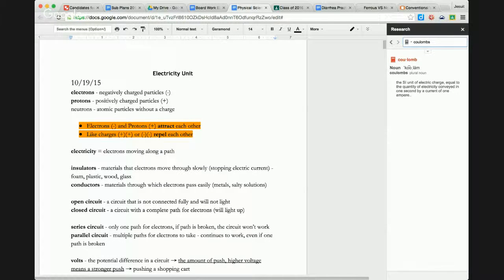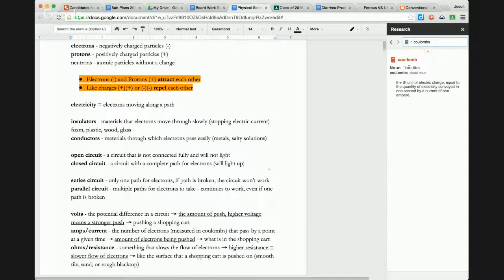Electricity, as I just said, is just electrons moving along a path. And there are things they can go through, insulators and conductors, which will make that flow of electrons very difficult or very easy. The electrons move through insulating materials very slowly, and it basically stops electric current.